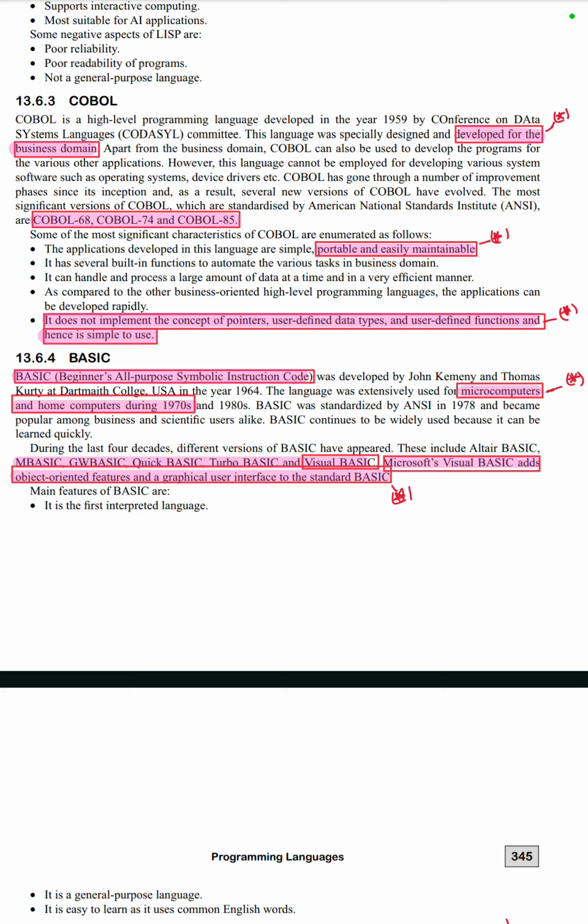Microsoft's Visual Basic adds object oriented features and a graphical user interface to the standard Basic. Versions include Altair Basic, M Basic, GW Basic, Quick Basic, Turbo Basic.